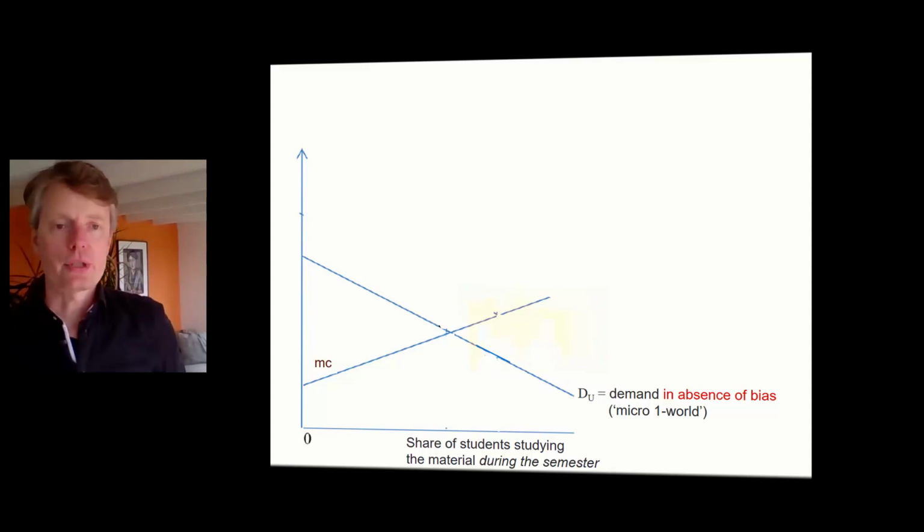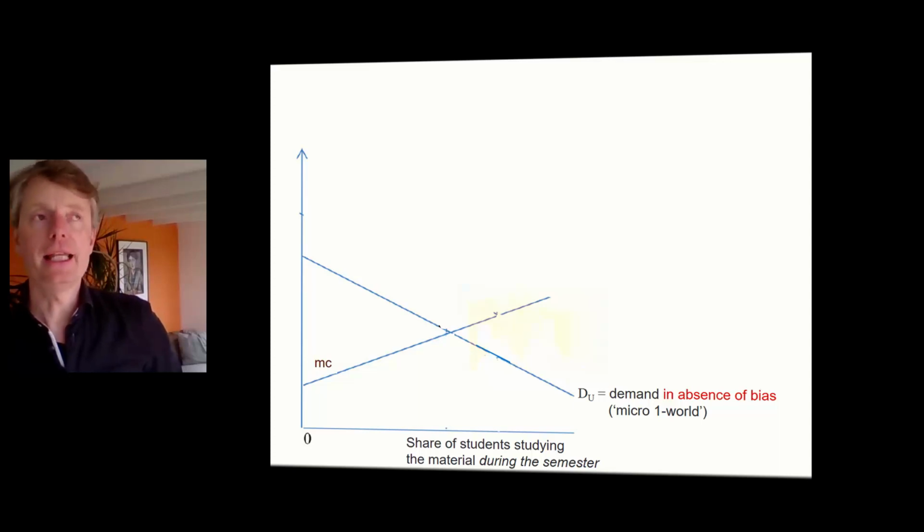Obviously the horizontal axis varies between 0 and 100%. And those are students studying during the semester, i.e. not in the days before the exam, but that follow the course and do the studying also during the semester.